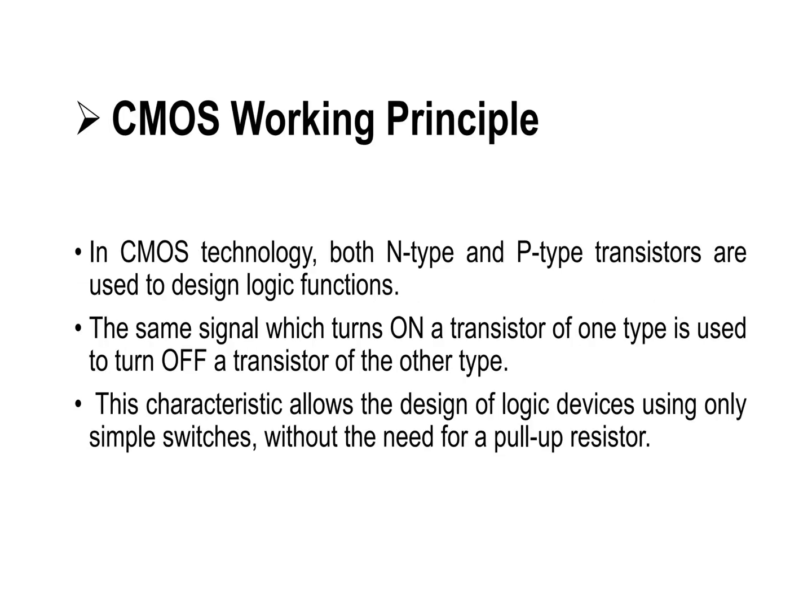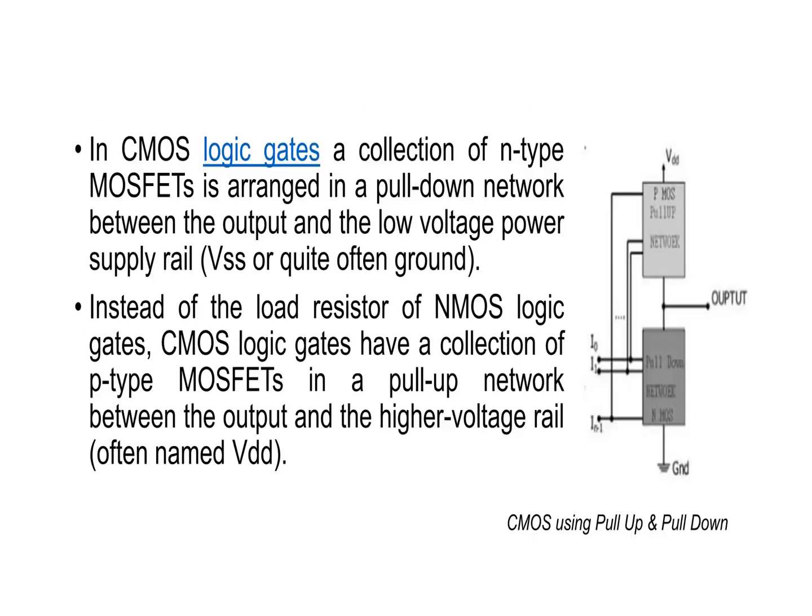CMOS working principle. In CMOS technology, both n-type and p-type transistors are combined to design the logic function. The same signal which turns on a transistor of one type is used to switch off the transistor of the other type. This characteristic allows the design of logic devices using simple switches without the need for a pull-up resistor.